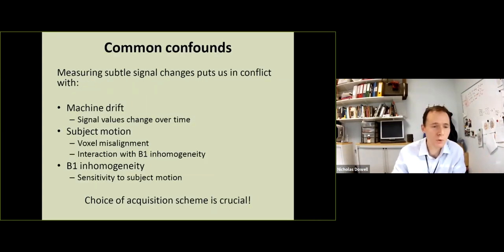And it's made all the more difficult by the fact that the machine is not particularly reliable in terms of signal intensity. Signal intensities, you would like them to be identical each time if nothing was changing in your participant. But unfortunately, you get something called machine drift, where these signal values, pixel values, start changing in a way that's very difficult to understand.